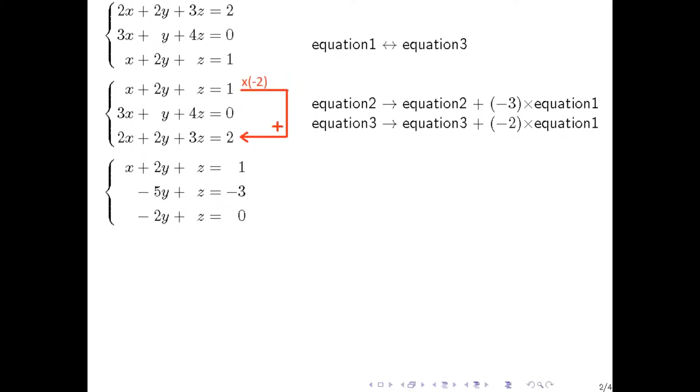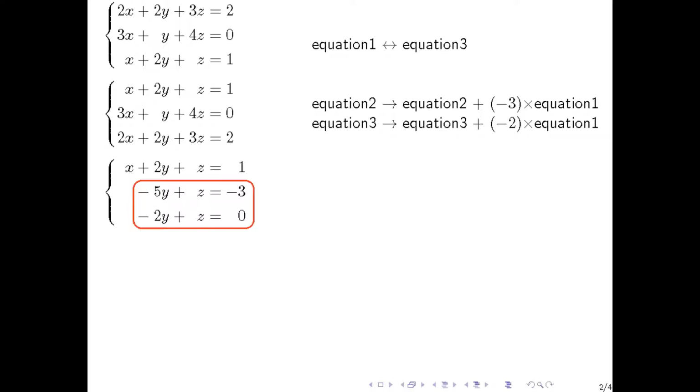Similarly, we are going to multiply equation 1 with negative 2 and add that to equation 3. And as a result, we are going to have negative 2y plus z equals 0. Now we have successfully eliminated all the x's below the first equation.